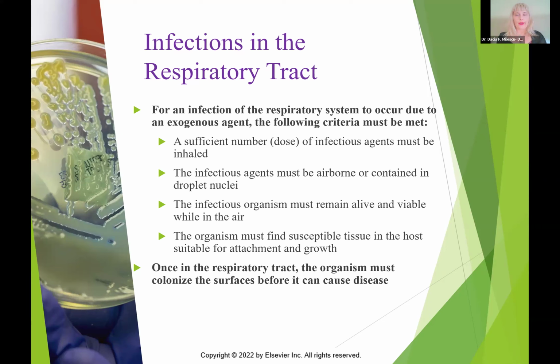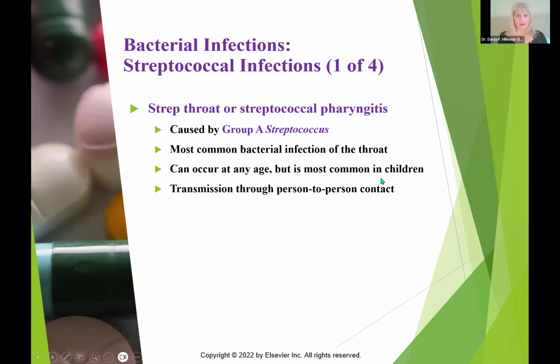And so the whole point of having mucus is the exact reason, since it's kind of like a net, it catches and holds on to the pathogens to prevent them from spreading elsewhere. Okay, so those are the reasons for respiratory infections. These are the ways in which infectious agents can actually enter and infect.